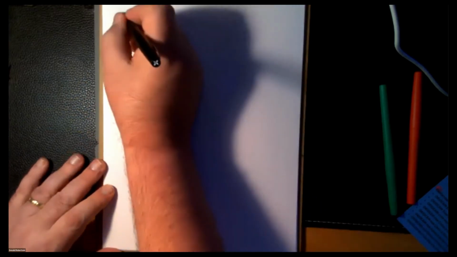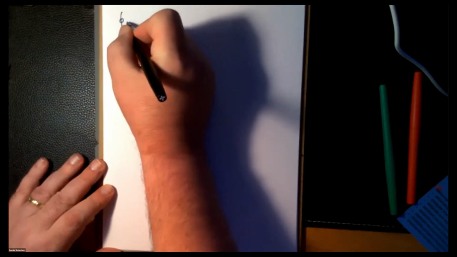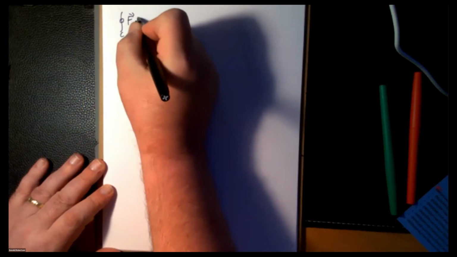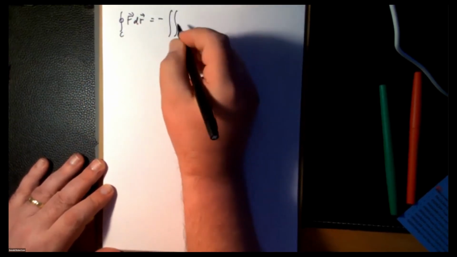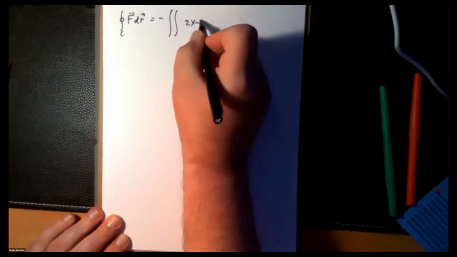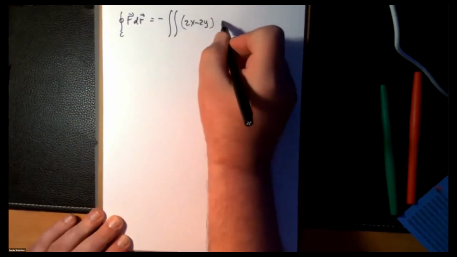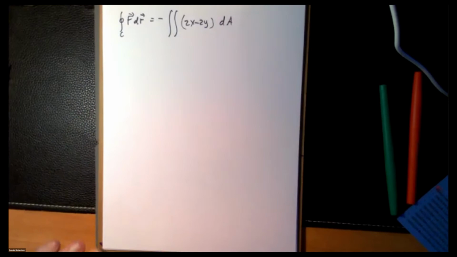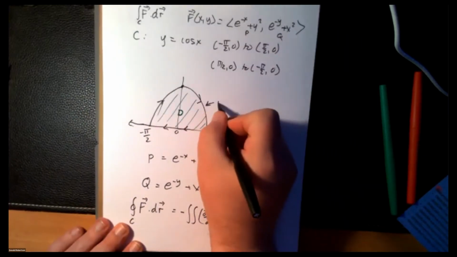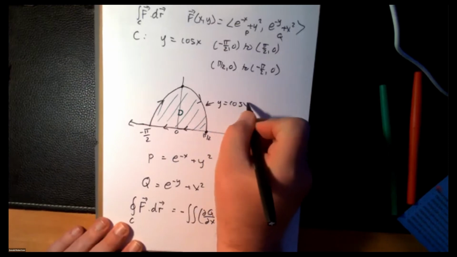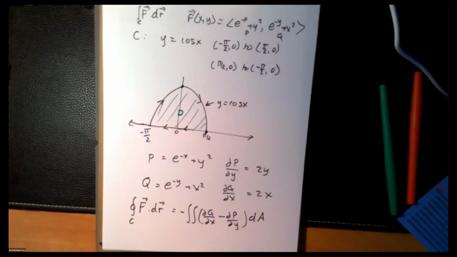So that particular fella is going to come out as negative a double integral of 2x take away 2y dA. And if I go back to my picture, we have to decide the integral's boundary points.